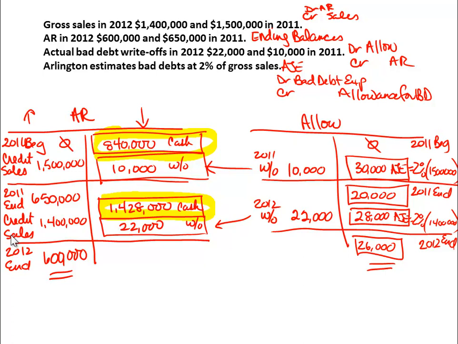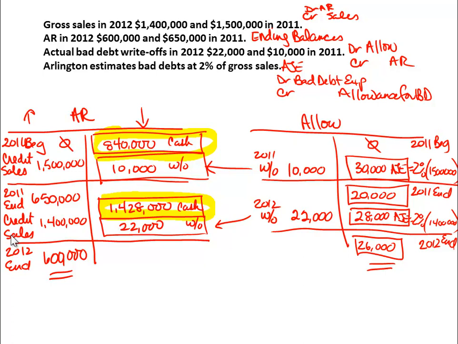And again, I know there's only two things that can make accounts receivable go down, and that's the customers paying cash, which we can't find yet, and the amount of receivables that were written off. I see the actual bad debt write-offs were $22,000 in 2012, so I can back into the customers paying me cash of $1,428,000.